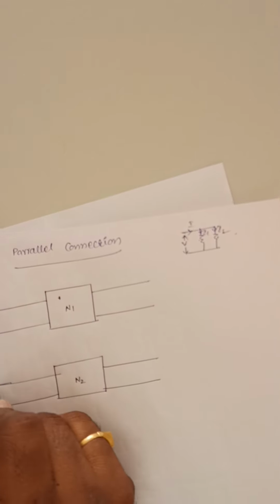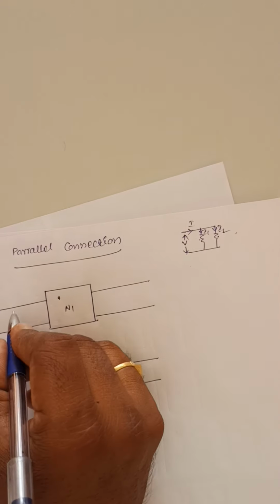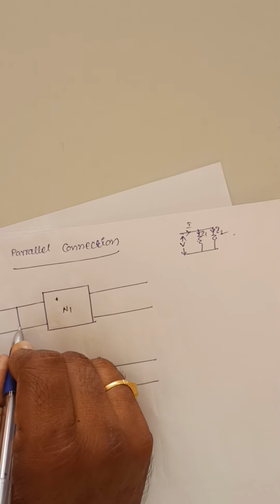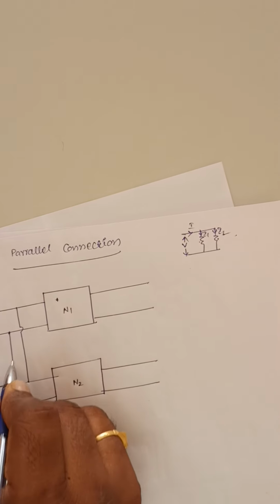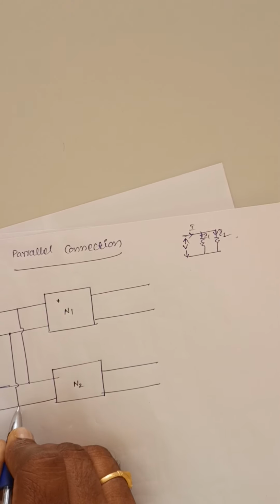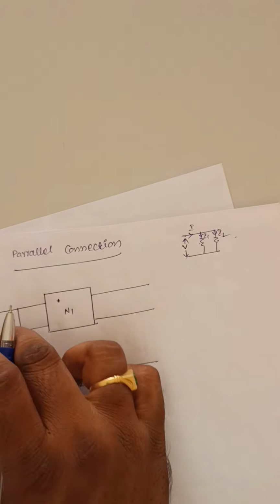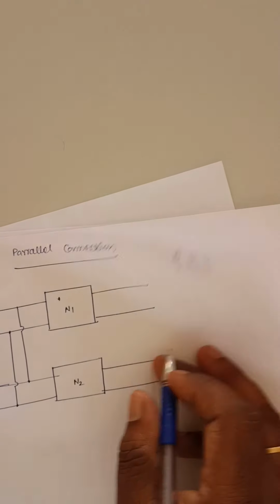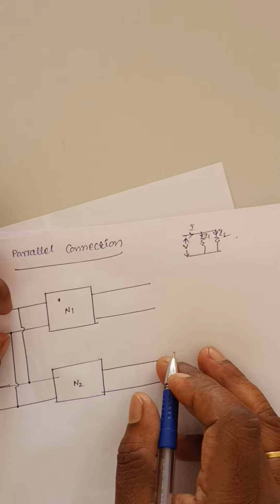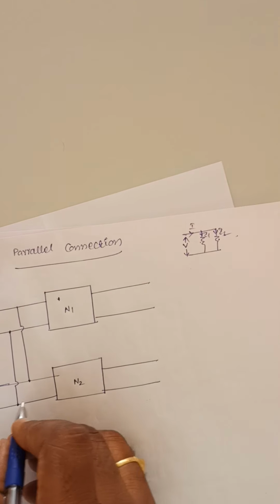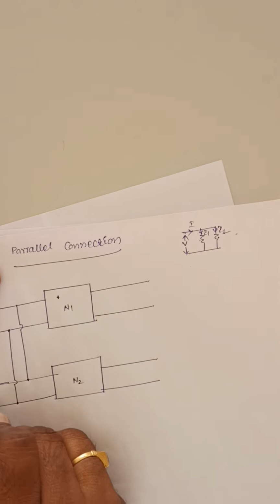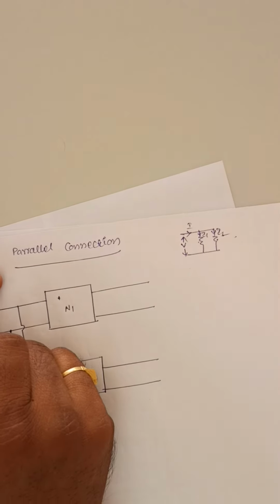The same voltage will be present here also. So in such case, you just connect like this. One is connected to this one, one is connected to this one. So whatever voltage is present across these two terminals, the same voltage will be present across these two terminals. Let us assume it is V1 dash.